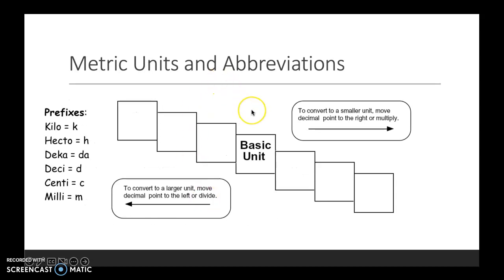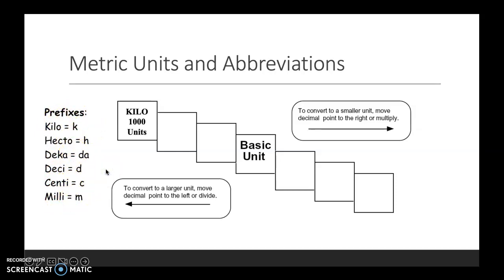Now, when we talk about using the metric system, we have our basic units, the meter, liter, and gram, and then we have these prefixes that we can add to represent a different value of that number. So just like we can talk about length in terms of foot, yards, miles, inches, we can talk about length in terms of meters, kilometers, hectometers, decameters, etc. Each prefix represents a different value.